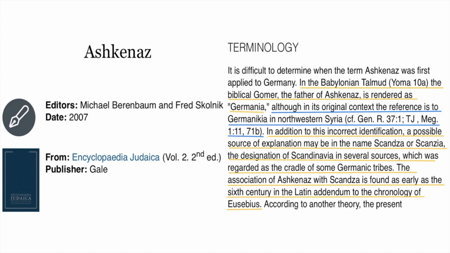In addition to this incorrect identification, a possible source of explanation may be in the name Skanza or Scania, the designation of Scandinavia in several sources, which was regarded as the cradle of some Germanic tribes. The association of Ashkenaz and Scandinavia or Scandza is found as early as the 6th century in the Latin Endymion to the chronology of Eusebius.